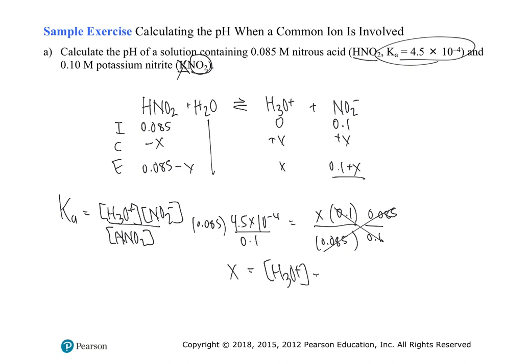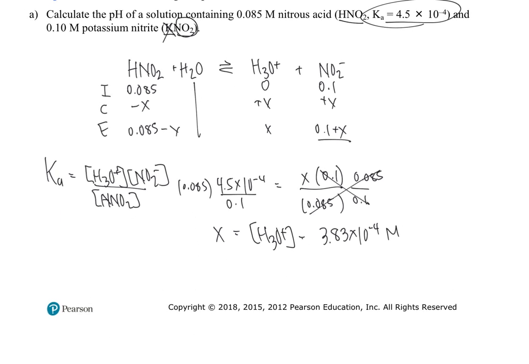And I end up getting, let's calculate it, 3.83 times 10 to the negative 4 molar. Now I could double check my percent ionization to make sure I could make that approximation. Remember, it's hydronium at equilibrium divided by my initial acid times 100.